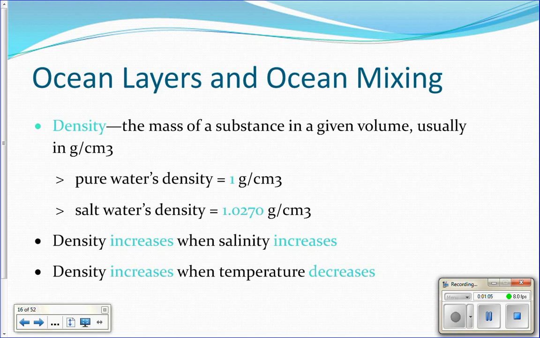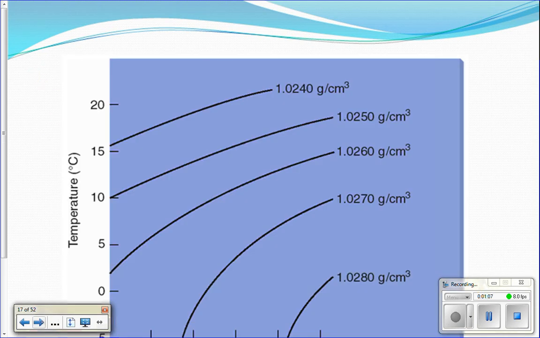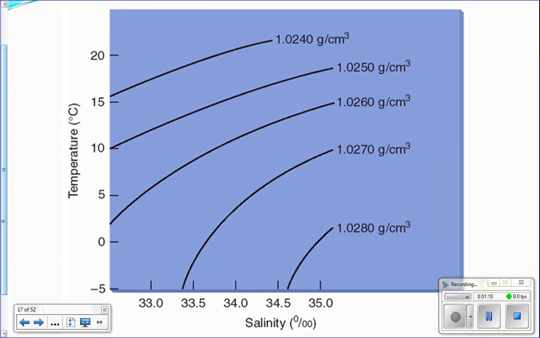You can actually see that with this chart right here. It's called the TSD chart: temperature, salinity, density. Along the bottom, you can see the different salinities of the water expressed in parts per thousand. Along this side, you can see the temperature in degrees Celsius. The curved lines represent the density of the water.